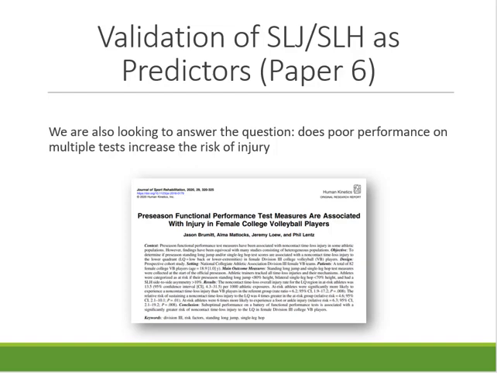And a perfect example of that is the functional movement screen. The functional movement screen, we won't go over it now. We may go over it later in the term. Basically, it is a series of 7 movements, and you score those movements, and depending upon their performance, they may be, based upon one study, at a greater risk of injury.